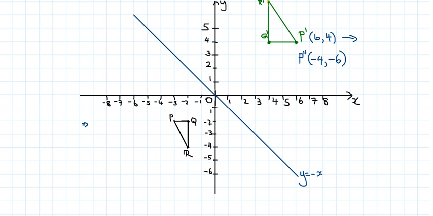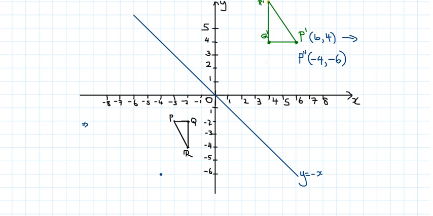So your transformed coordinates for P prime would be minus 4, minus 6. You could do that shortcut if you like to obtain your transformed coordinates and then plot them across on this side. So we're going to plot the point P double prime, which is minus 4, minus 6, which is over here.